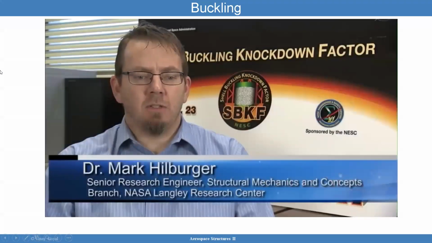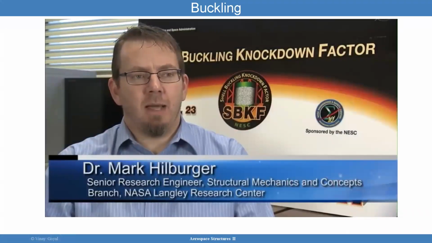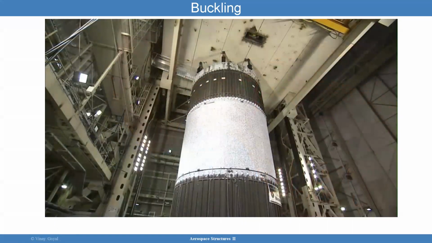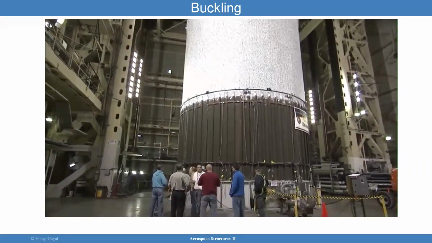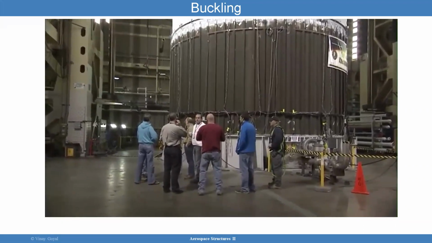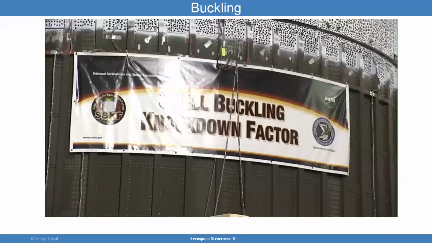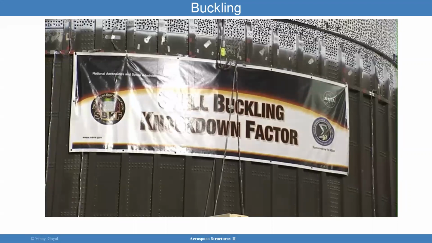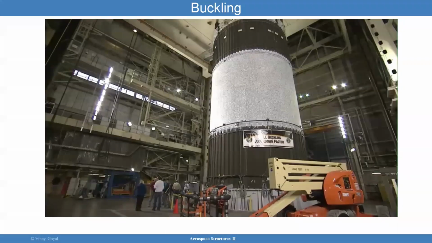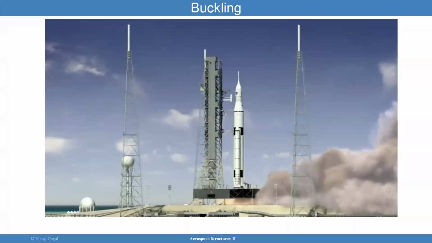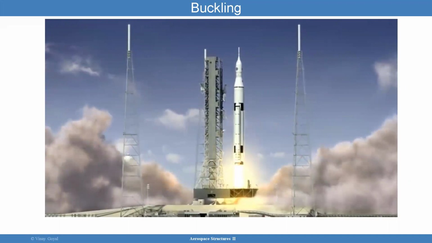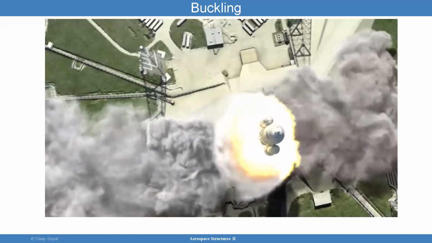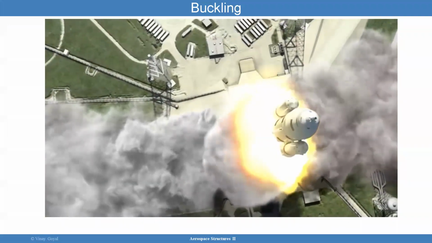The test article is a 27.5-foot diameter, 20-foot tall aluminum lithium orthogrid cylinder, very similar to the types of cylinders that we're flying on the Space Shuttle external tank. In fact, this test article is derived from some excess hardware from the Space Shuttle program. So it's configured very much like the future SLS core stage tank structures, so it's very relevant to what NASA is designing today.